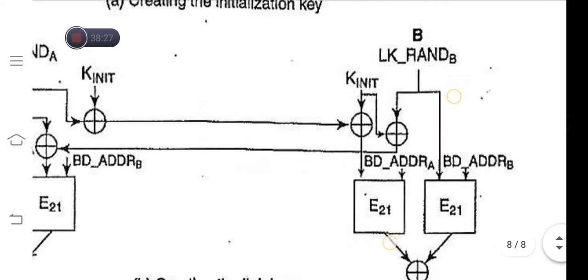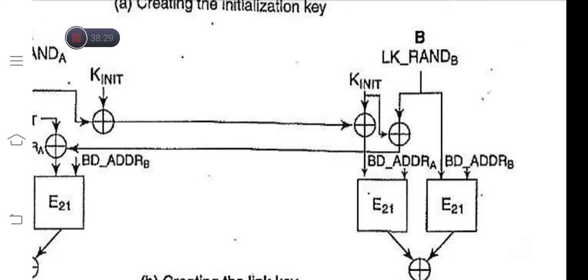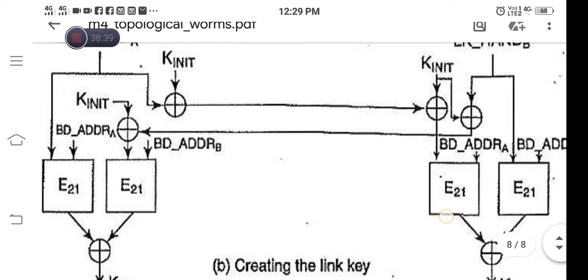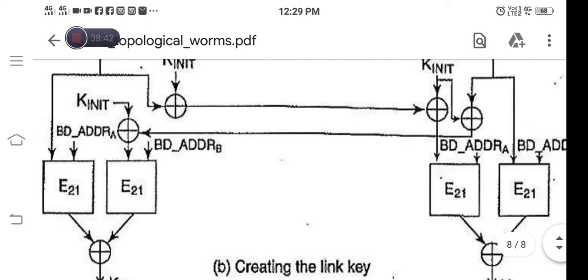Similarly, at the B side also for the encryption algorithm E21, we have 4 inputs, with each box taking 2 inputs.